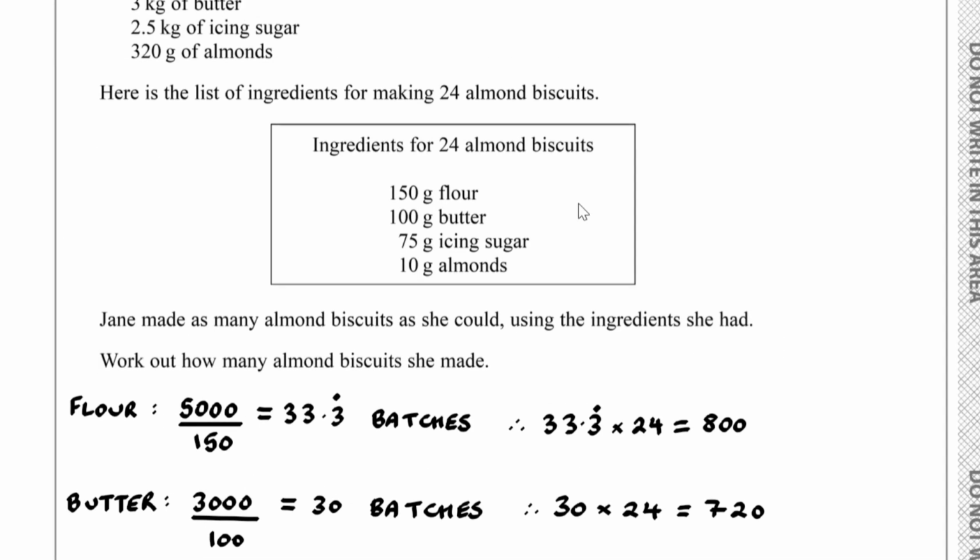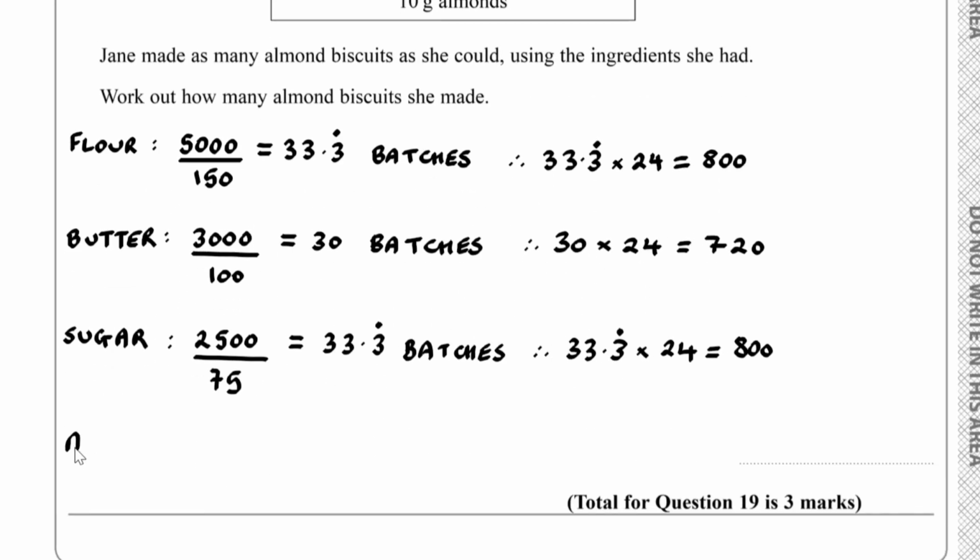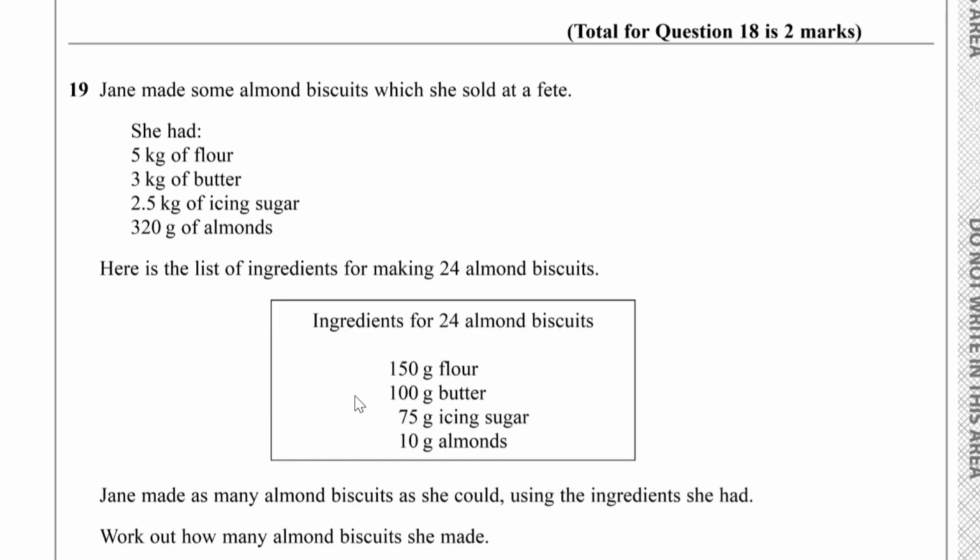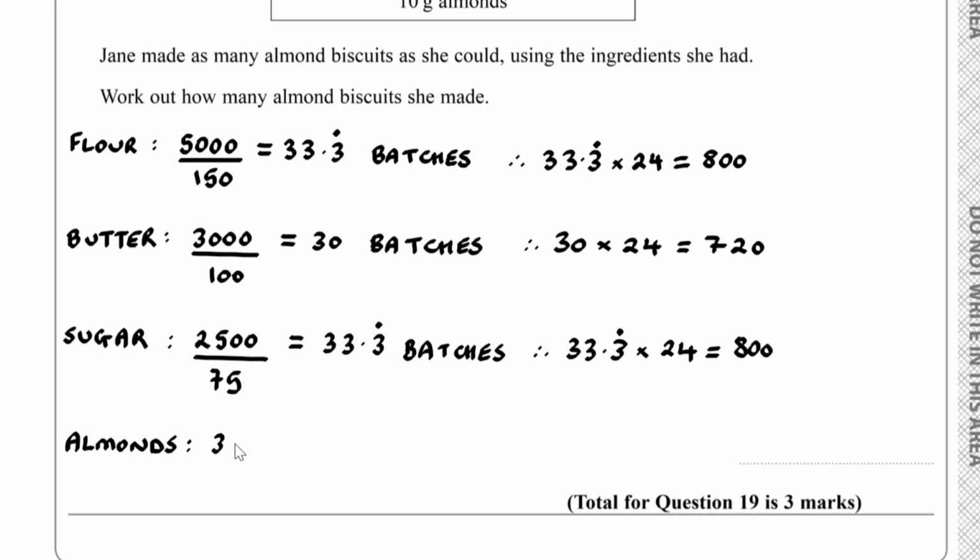Now let's think about the almonds. With almonds, I've got 320 grams available, and if I divide this by 10, that tells me I've got 32 batches I can make.